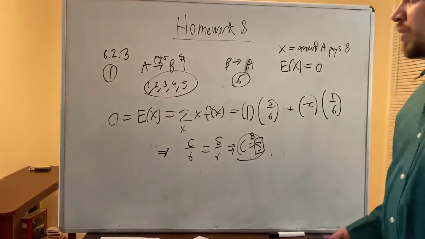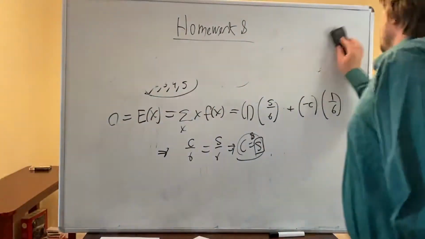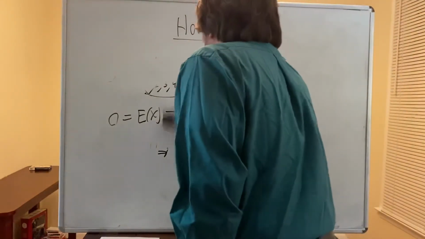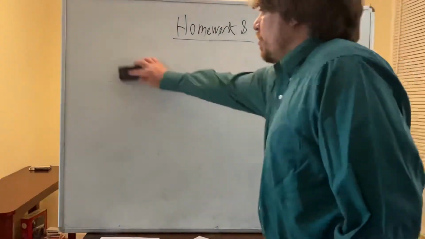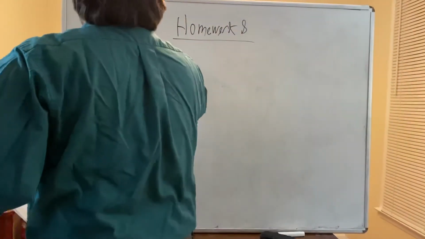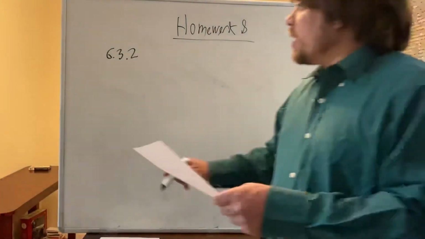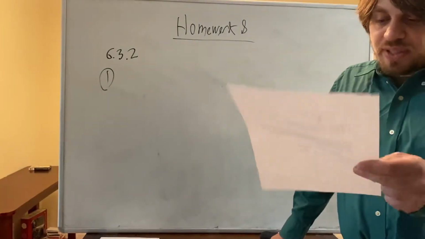Okay, so let's go to the next section. So 6.3.2. For 6.3.2, number 1, let capital X be a random variable with the probability function given by that f.